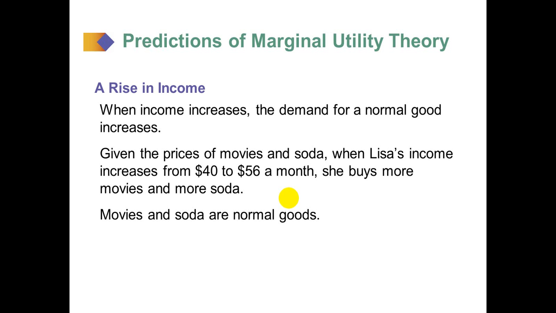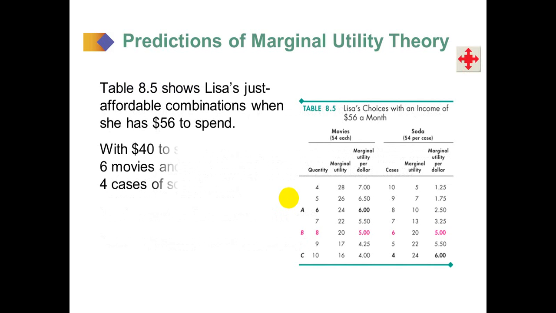So for normal goods, if income increases, the demand will increase also. So movies and soda are normal goods. Table 8.5 shows these predictions. Let us see.